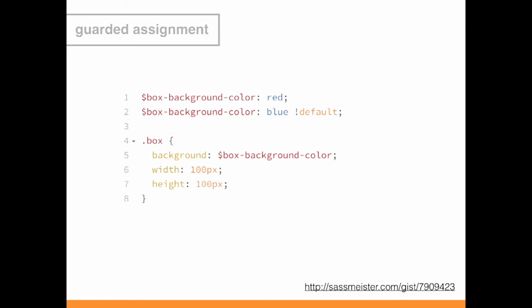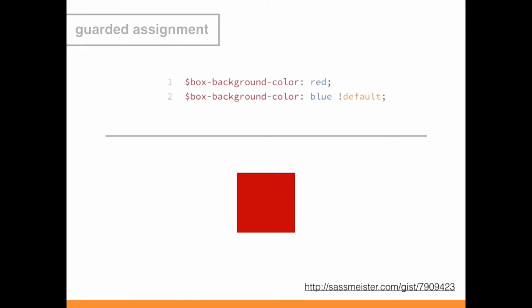Essentially, I have a box, and the box by default has a color of blue. Now, as we go about theming things, we actually want the box to be red. And so we have our config file where we define that the box should be red. And essentially we end it like that. So what's actually happening is blue is ignored and red is applied to our box for our CSS.